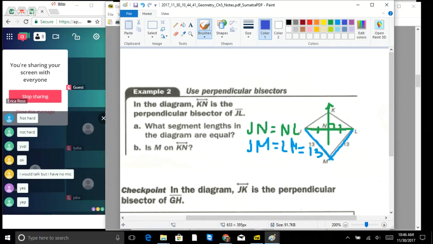Okay, and then the last part is not exactly as clear. It's actually not labeled on your paper, so I'm going to have to look at that when we come back. But we also know that JK and KL are also equal to each other.